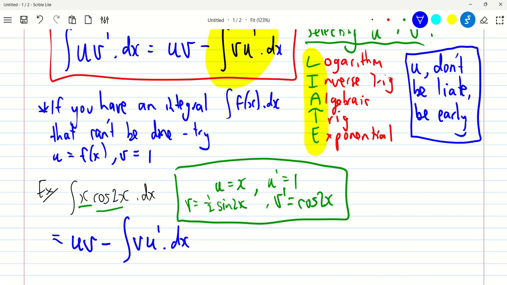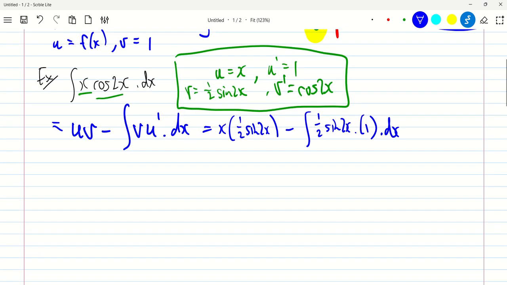So let's now put some things in. u is x, v is half sine 2x, and then take away the integral of v. What was v again? Half sine 2x times u dash, and u dash was 1. Okay, so I've just applied integration by parts.